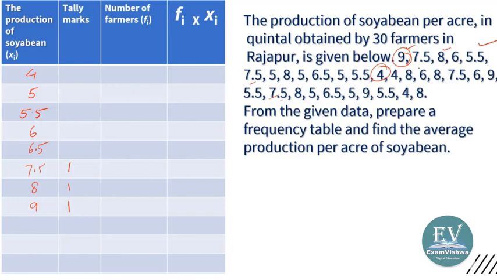So like that if you go, I'm jumping it to save time: 4 quintal, 3 farmers, 5 quintal, 4 farmers, those who obtained 5.5 quintal, only 4 farmers. 6 quintal, 3 farmers, 6.5 quintal 2 farmers, 7.5 quintal 4 farmers, 8 quintal 5 farmers, 9 quintal 3 farmers.